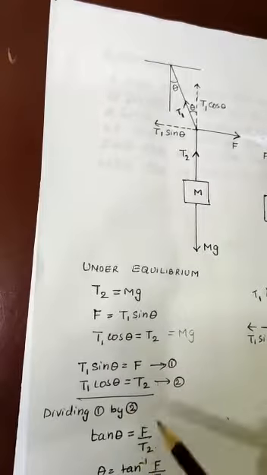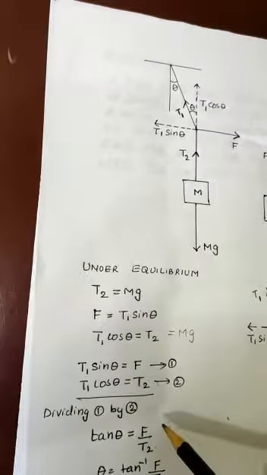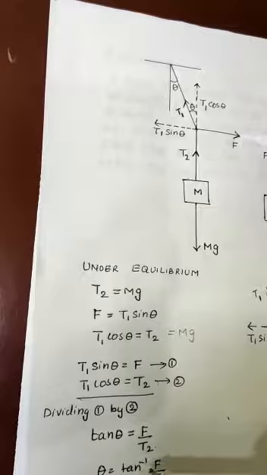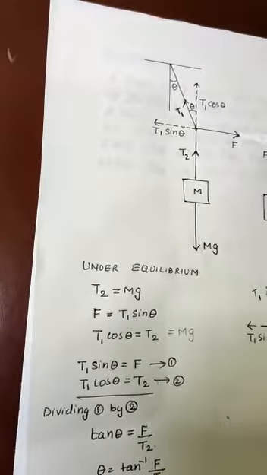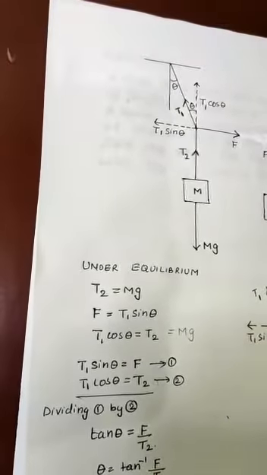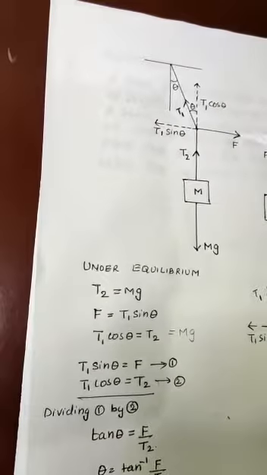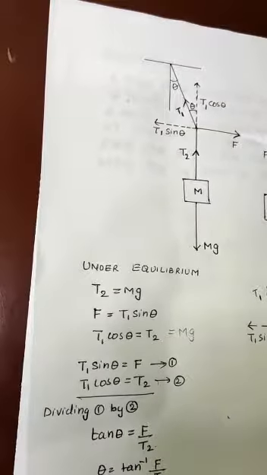If you divide 1 by 2, you get tan theta equals F upon T2, or theta equals tan inverse F upon T2. So, by drawing the free body diagram, we can analyze the situation and use the equations from the free body diagram to find the angle.